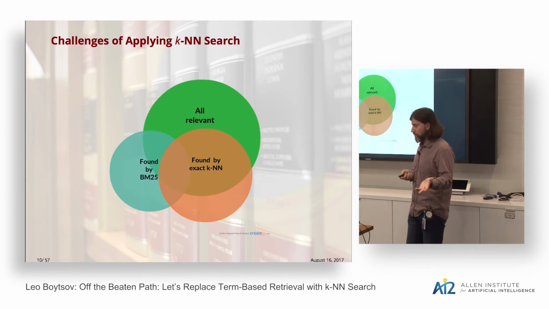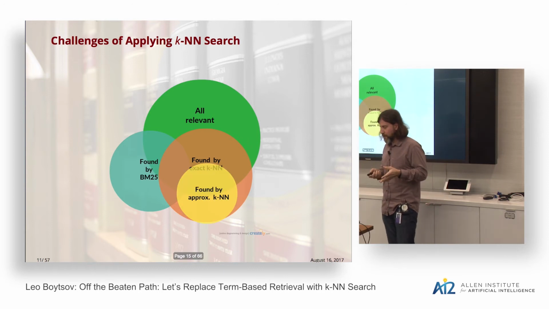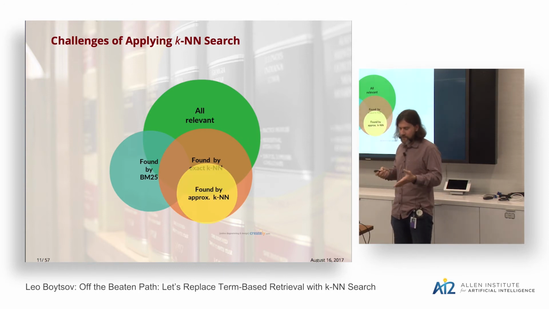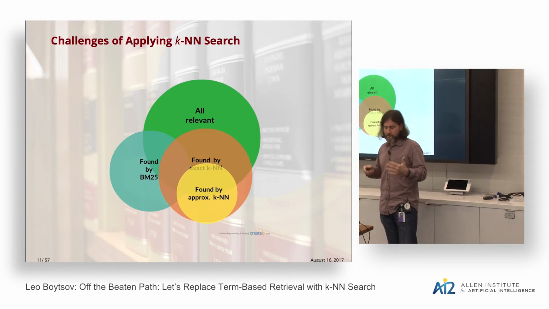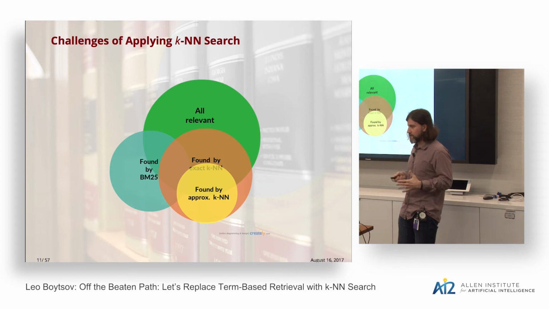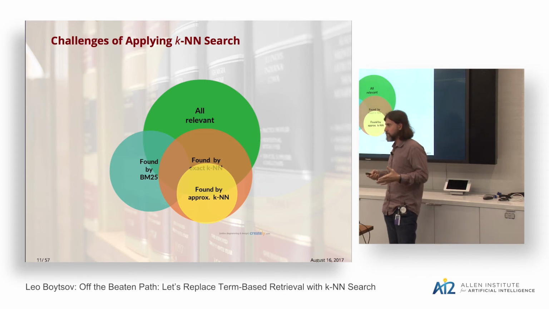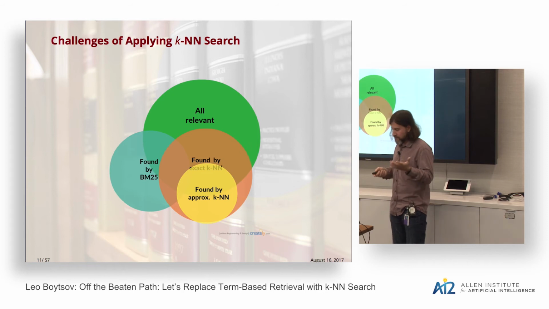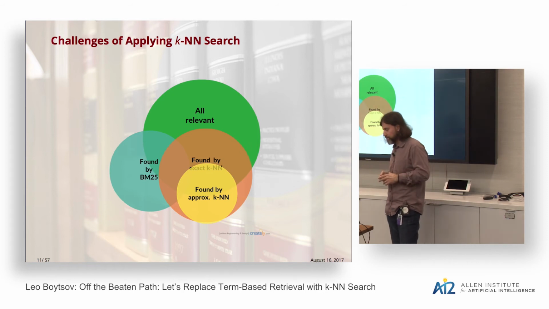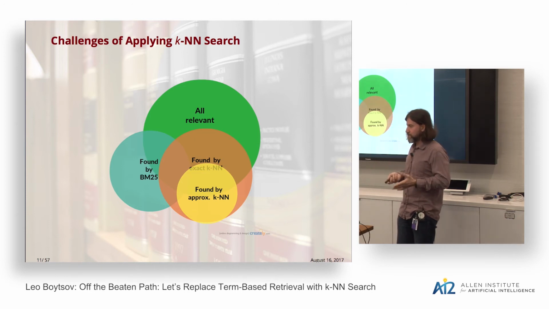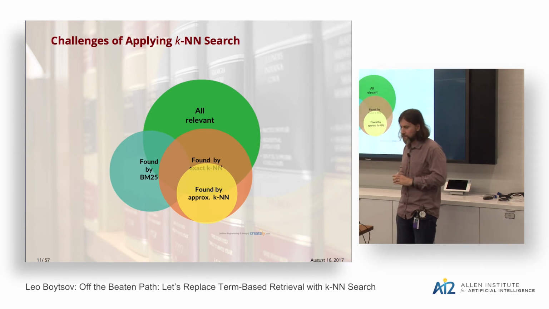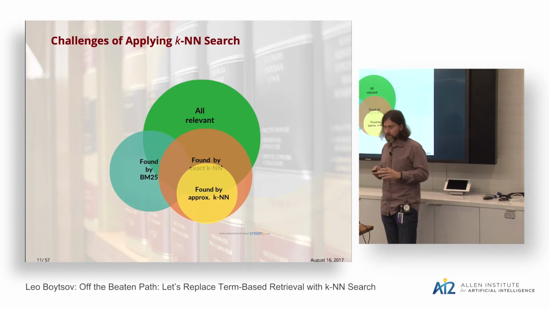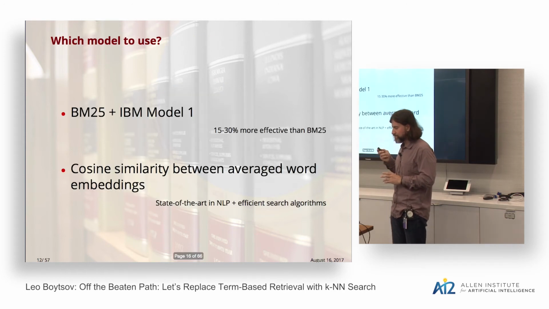But we have to apply approximate search. So it may be the case that the set of documents retrieved by this approximate method is much smaller than the set retrieved by the exact method, and that can actually be smaller than the set of documents retrieved by even BM25. And that's a situation we don't want to happen. To avoid this degradation by approximation, we need to achieve our second challenging objective. We need to implement really efficient and accurate algorithms for KNN search.